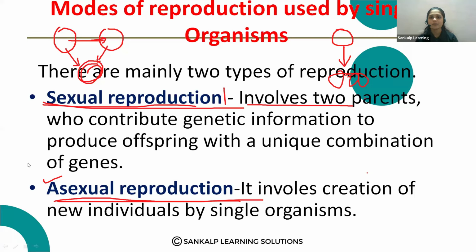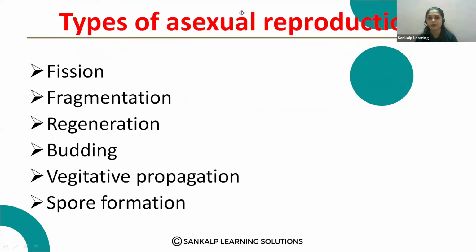Next we are going to study the types of asexual reproduction. What do you mean by asexual reproduction? New individuals are formed by a single organism.